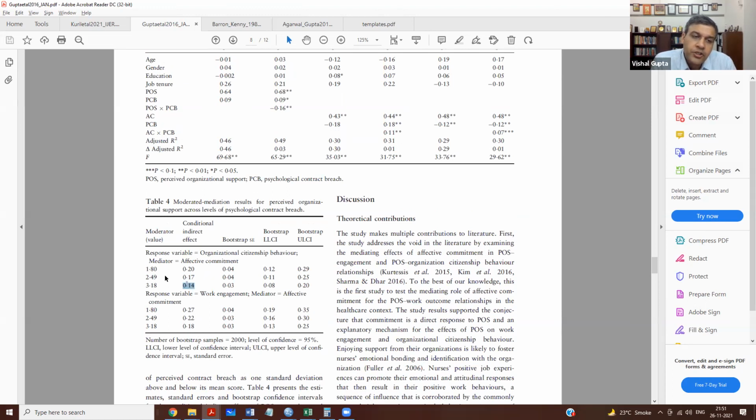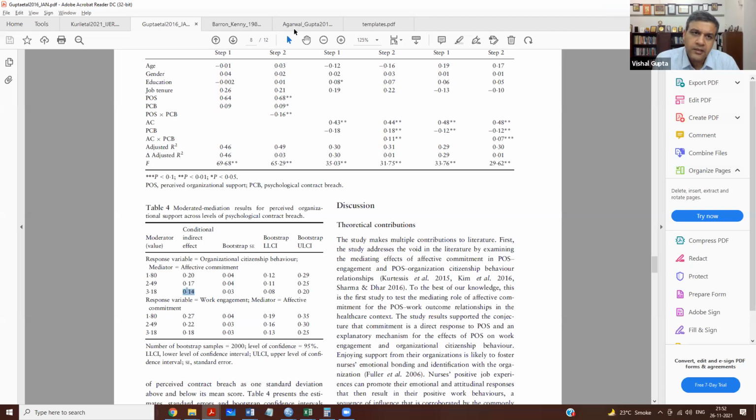It is conditioned on the value that the moderator is taking. As the moderator takes a higher value, your indirect effect also starts to change. And that is the whole idea of talking about the conditional process analysis.